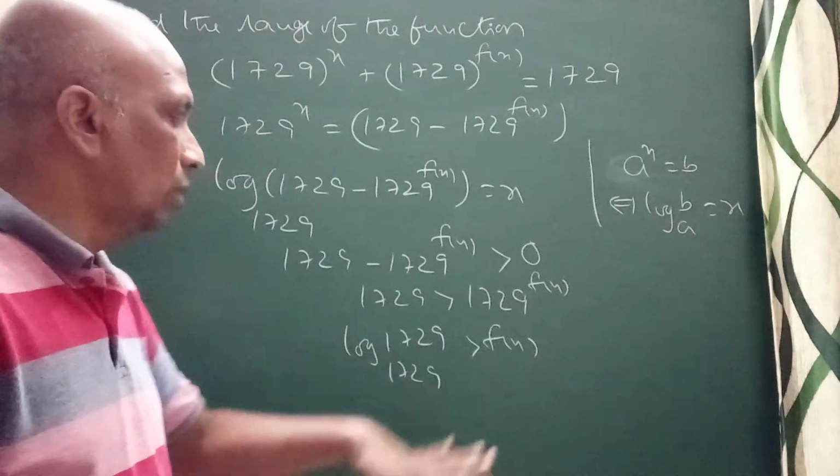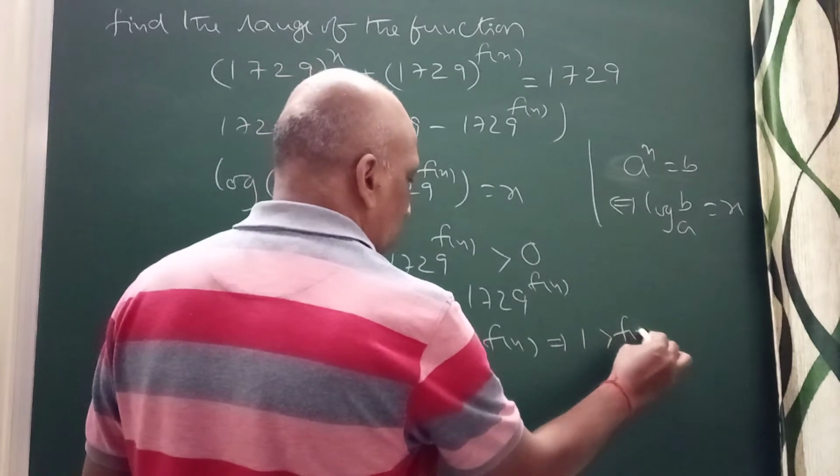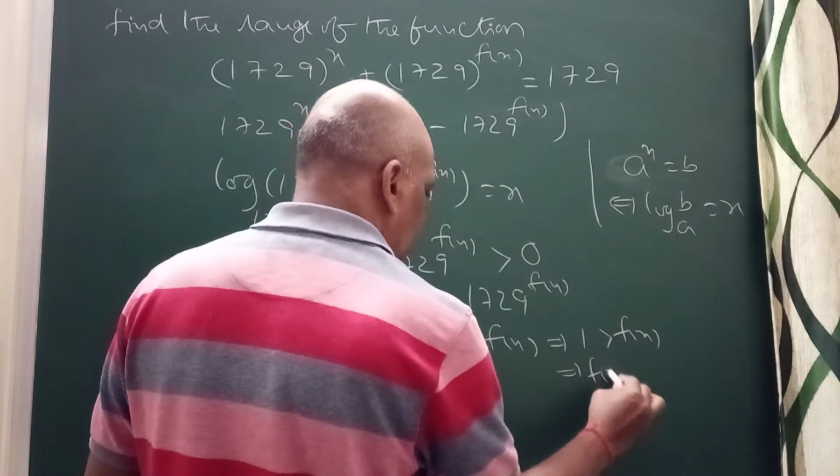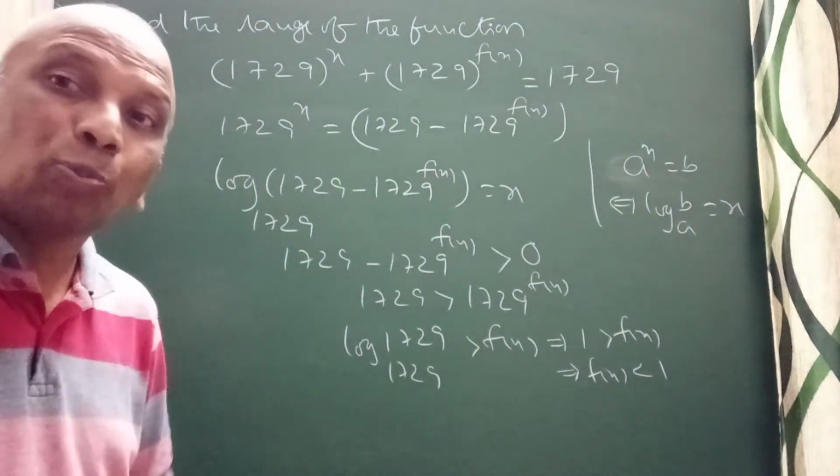Base is 179, I can write it this way. Apply logarithm, so this value is 1. So we have 1 greater than f of x. That means f of x is less than 1. So the output is less than 1.